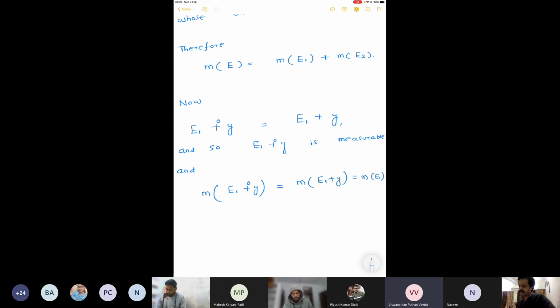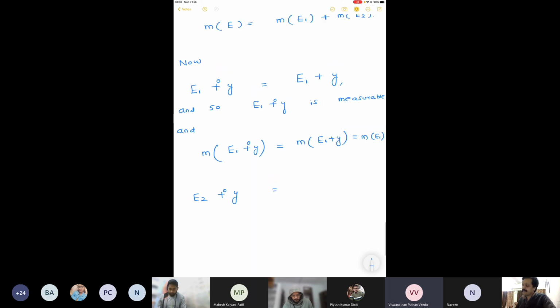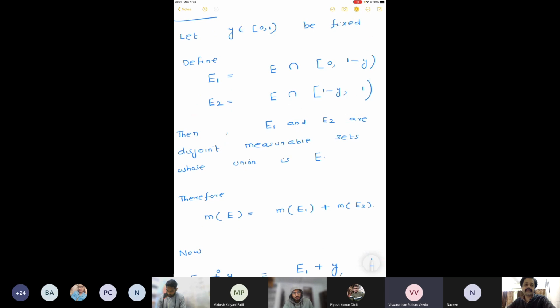Now, what about E2 special translation y? Remember, elements in E2 are greater than 1 minus y. So if you add y to them, the elements will exceed 1. Once it exceeds 1, you should pull back into the interval by subtracting 1.